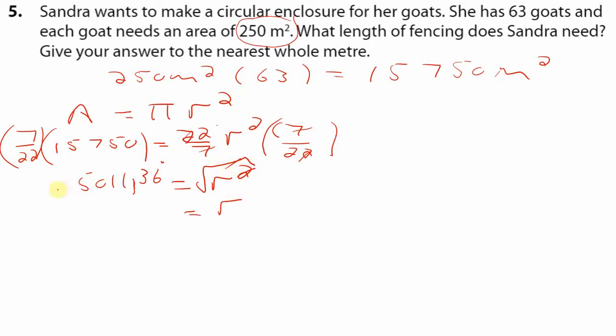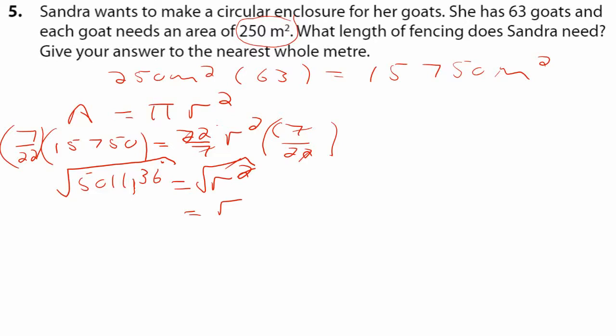What we do to the right, we do to the left. So you can use your calculator to determine the square root of 5011 and 36 recurring.